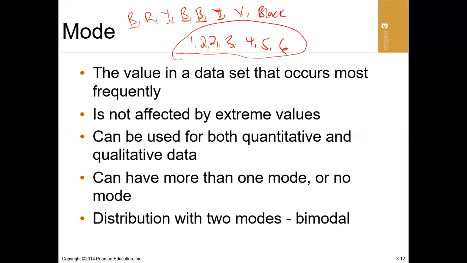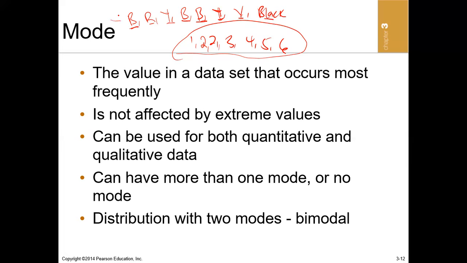So even though these items are not quantities but qualities, mode can be used to compute the average of even qualitative data, because what is necessary is that you find the quality that appears most. But the unfortunate thing about mode is that sometimes a set of figures can have more than one mode. For instance, this is blue, red, yellow, blue, blue, yellow, violet, and black.